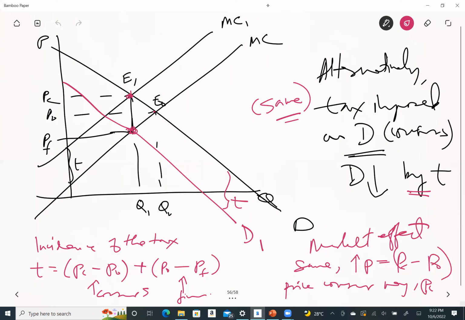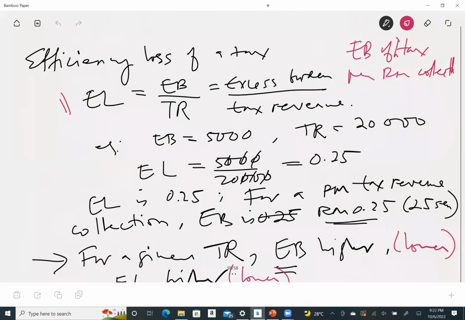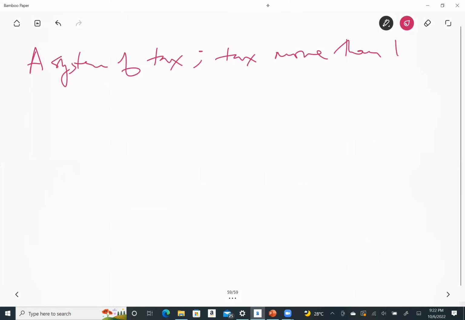So here, we want to look at what is called a system of tax. When you have a system of tax, in other words, here you tax more than one good or service. How do you tax? All right. Now, the one rule is this: you tax by the elasticity rule. We call it the inverse elasticity rule.